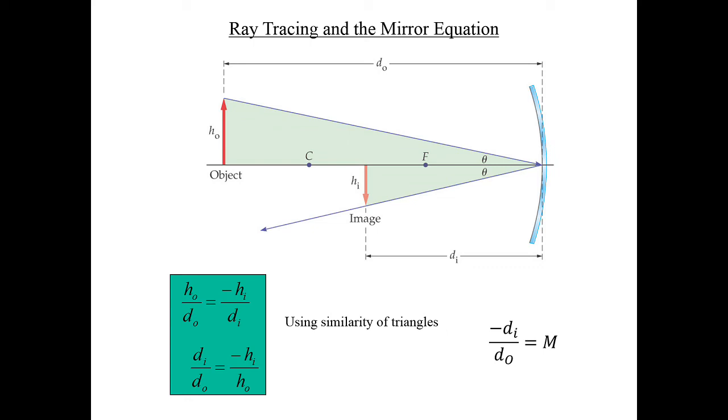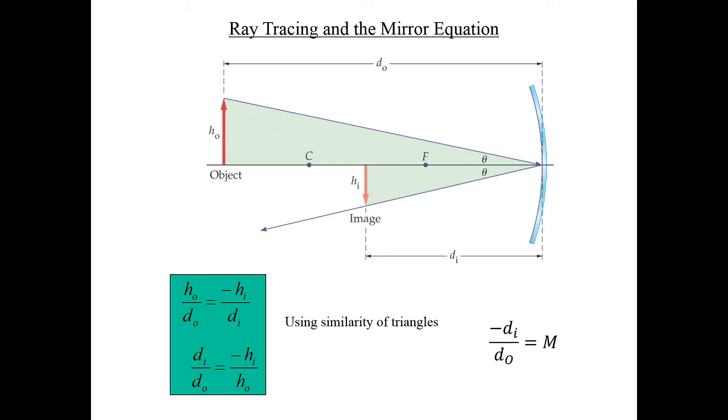Because the angles are the same, we can then use the similarity of triangles, so that the two triangles have the exact same angles. The second triangle that we're looking at uses the reflected angle, the right angle, and the height of the image. The first triangle is the height of the object, the distance of the object, and then that ray that we discussed going from the height to the center of the mirror.